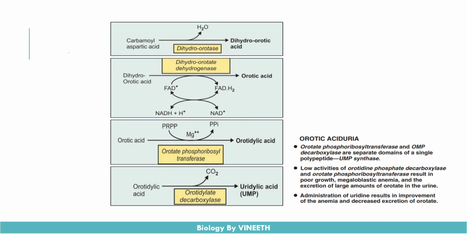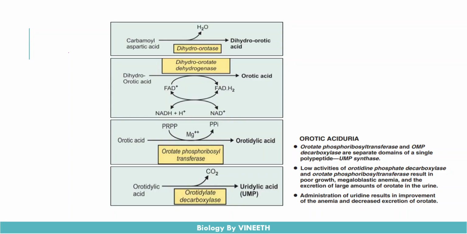This condition is known as aciduria, and it mainly results from the excess formation of orotic acid. So low levels of orotate phosphoribosyl transferase and OMP decarboxylase will result in orotic aciduria.